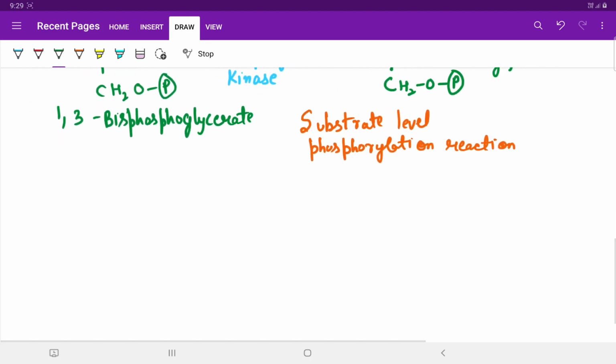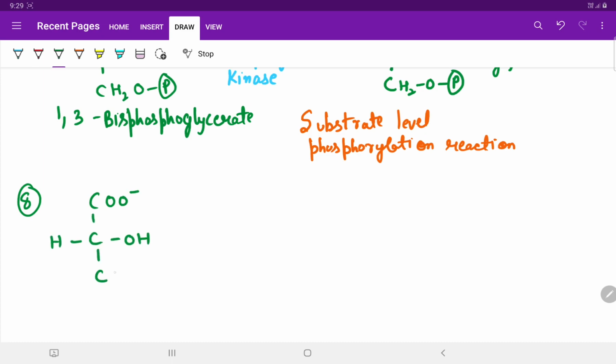Now the next reaction is conversion of 3-phosphoglycerate into 2-phosphoglycerate. It is an intramolecular rearrangement reaction. First of all, let us draw the structure for 3-phosphoglycerate. This is the structure for 3-phosphoglycerate.